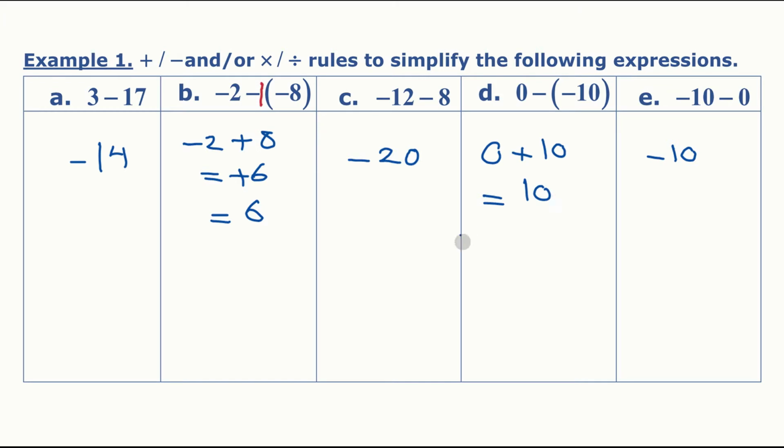That's because unlike addition and multiplication, which are commutative operations, meaning a plus b equals b plus a, and a times b equals b times a, the same cannot be said about subtraction and division. In other words, a minus b does not necessarily equal b minus a.